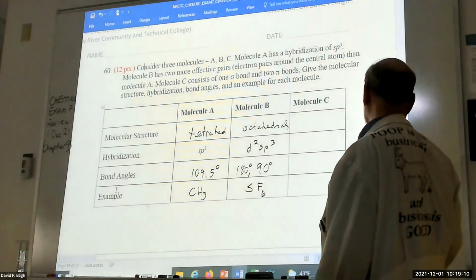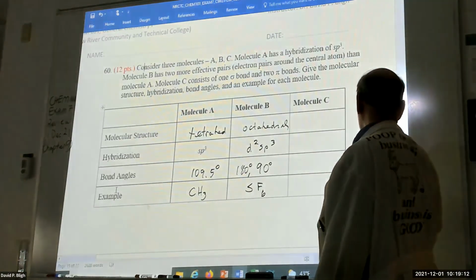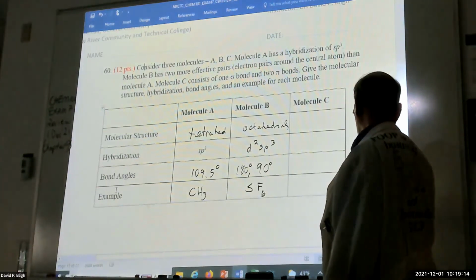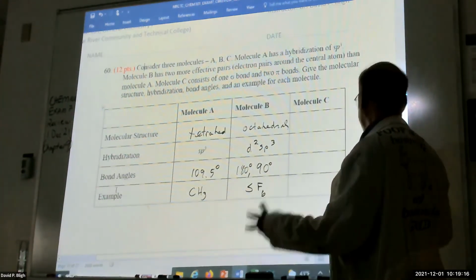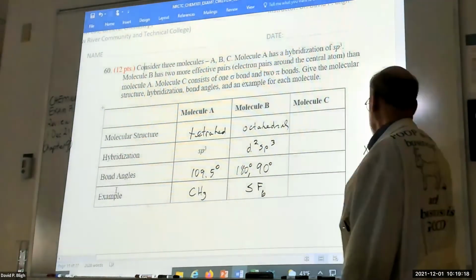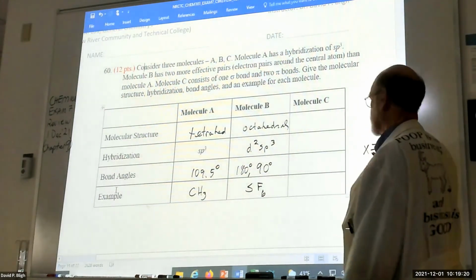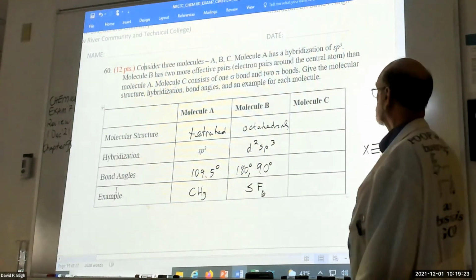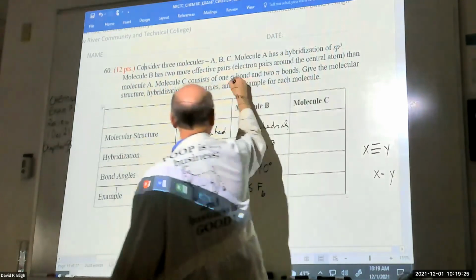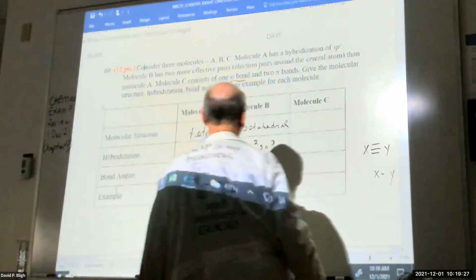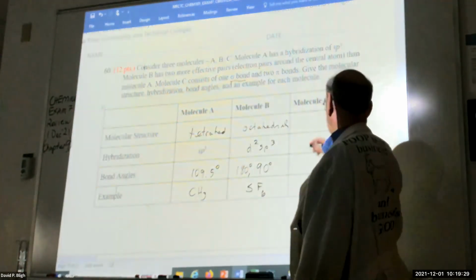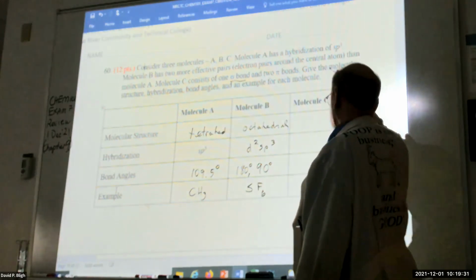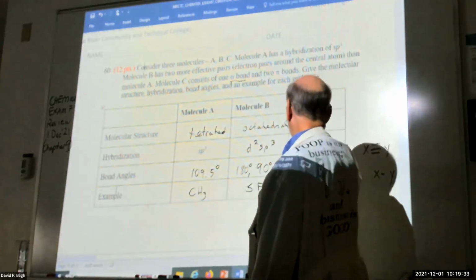If we did it like this, that would be 2 sigmas. So we can't do it that way. If there's only 1 sigma, it has to be this way. It has to be a triple bond. There's no other option. And the molecule would be linear.